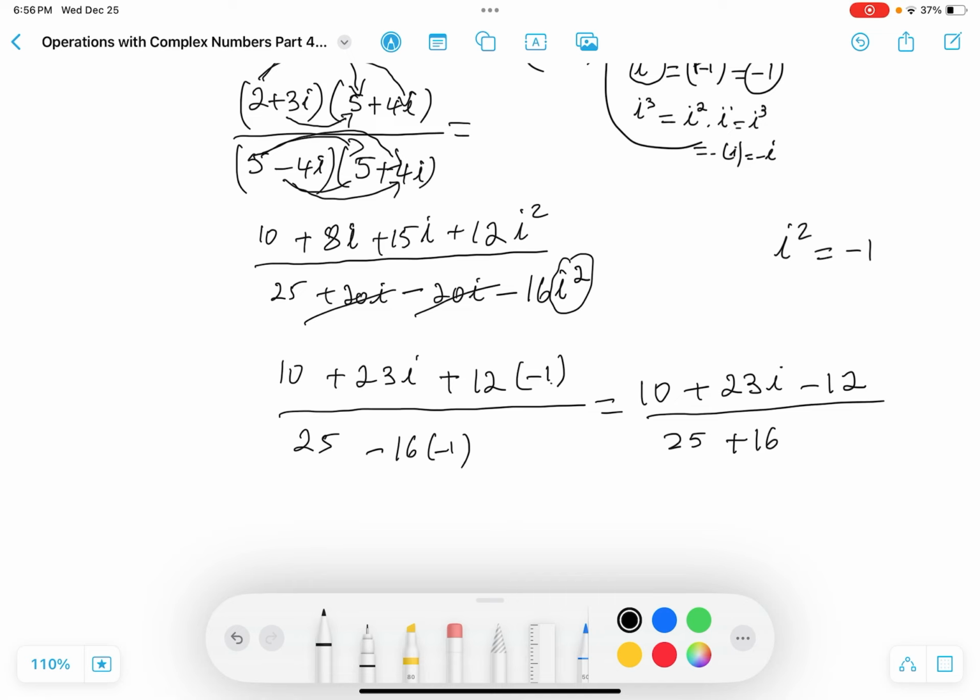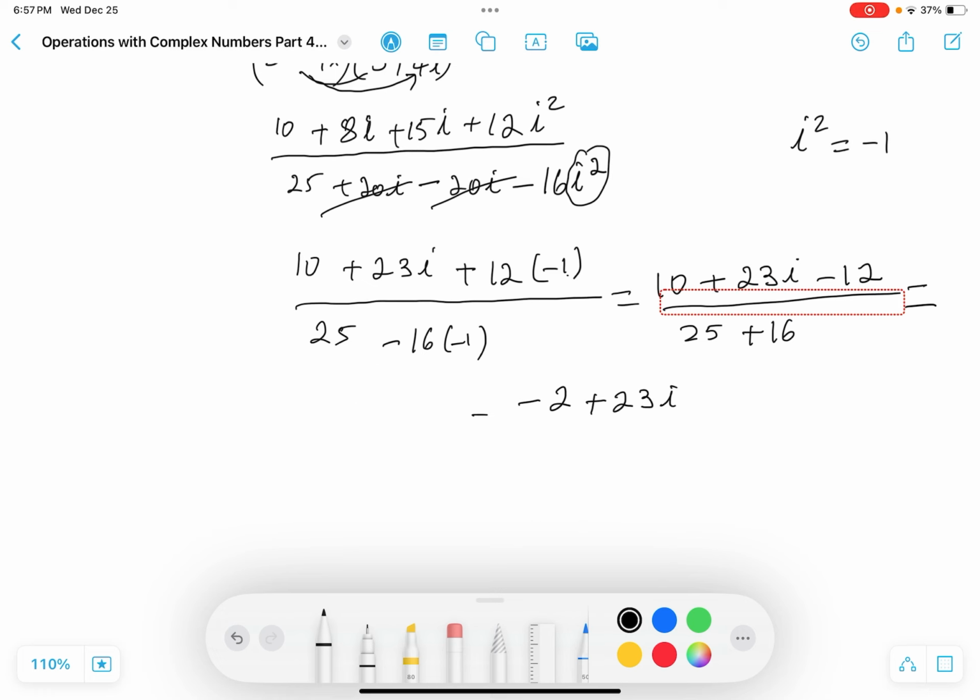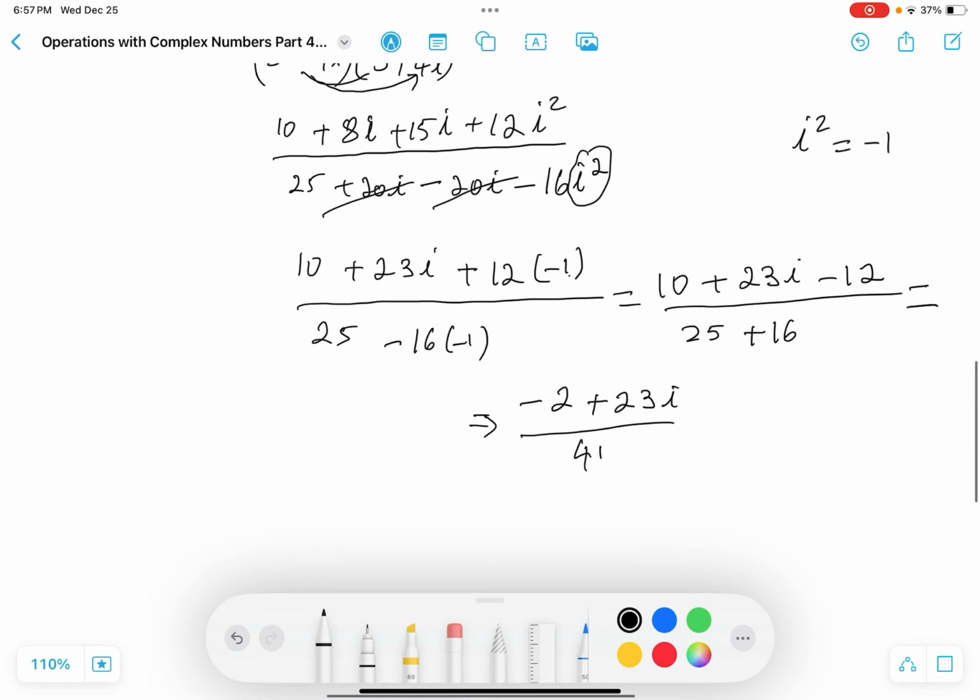Okay, now let's see what we have here. 10 plus negative 12 will be negative 2, plus 23i, over 25 plus 16, which is 41. So it looks like we're done, but we still have to work a little more to make the complex number in standard form.